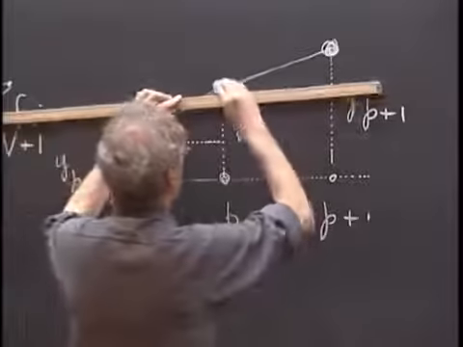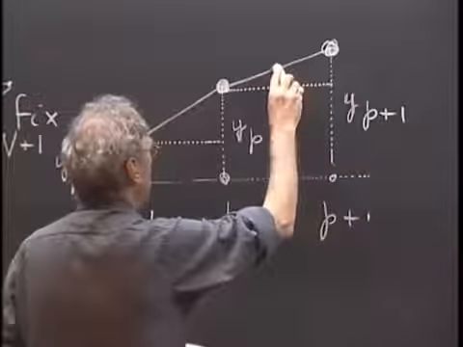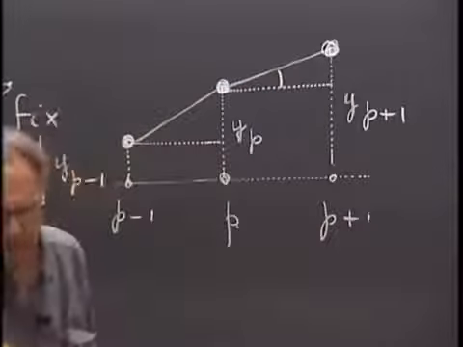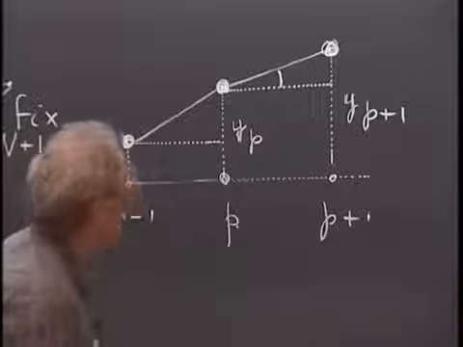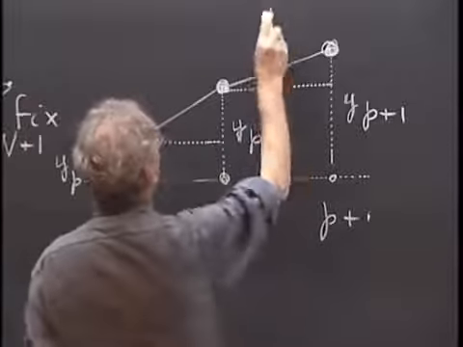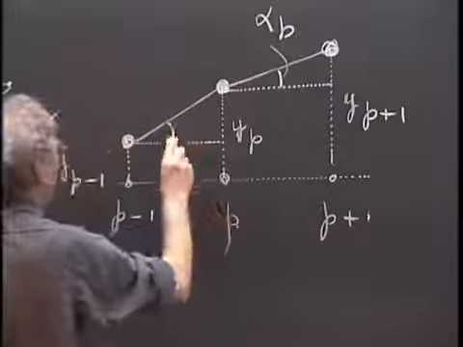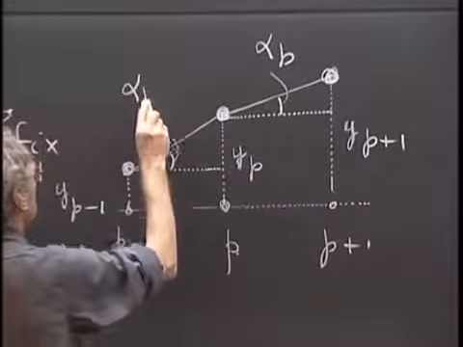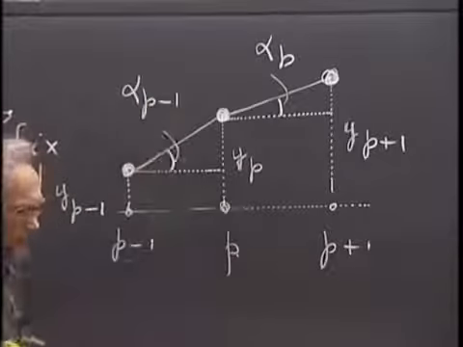We draw this line. I will call this angle alpha_p, and I will call this angle alpha_(p-1).